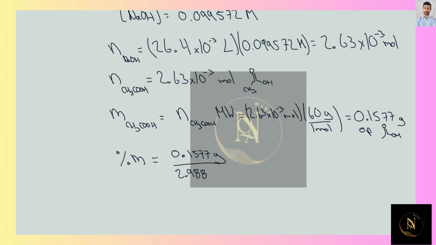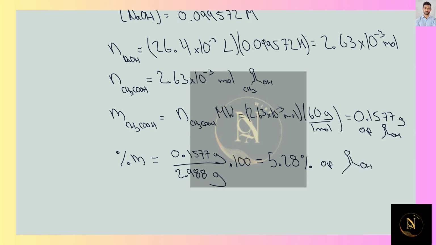So this is the total mass of the vinegar that you measured, right? And we're going to multiply this by 100, which is going to give us 5.28% by mass of acetic acid in our sample.